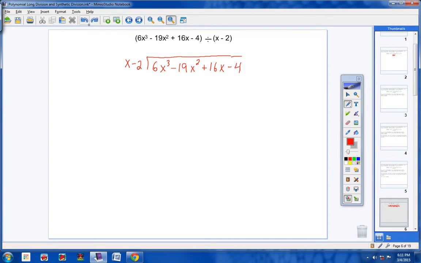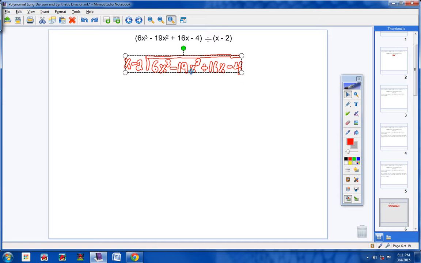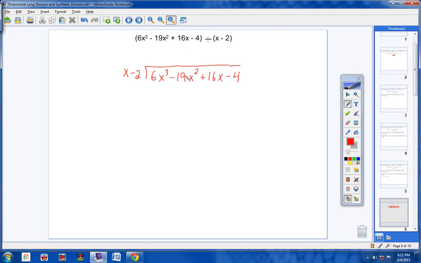How many times does x go into 6x cubed? Well, the answer is 6x squared. So you write that up here. Now, some of you are like, Mr. Era, where'd you get that from? Let me show you. You're taking this term here, 6x cubed, and you're dividing it by x, okay?